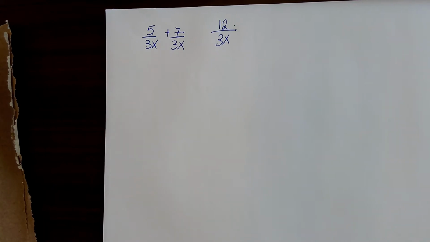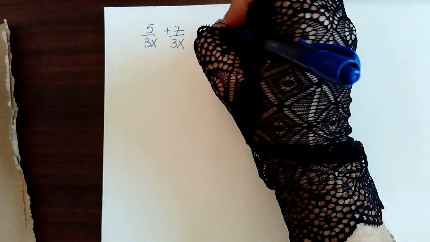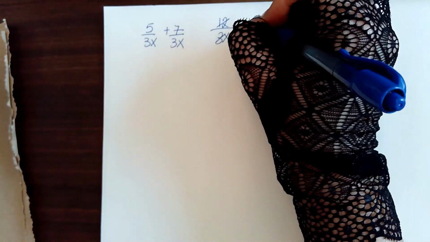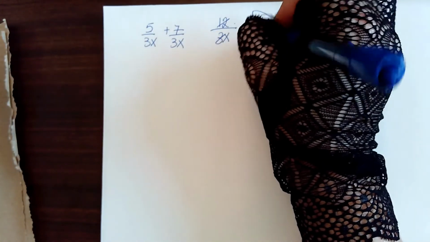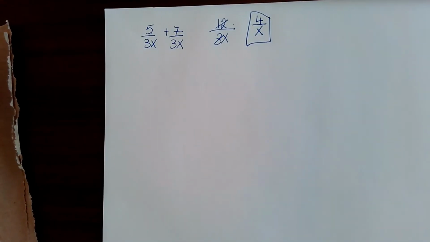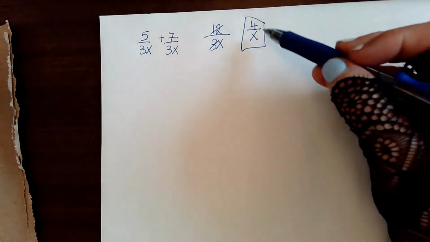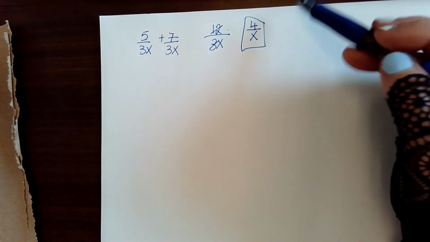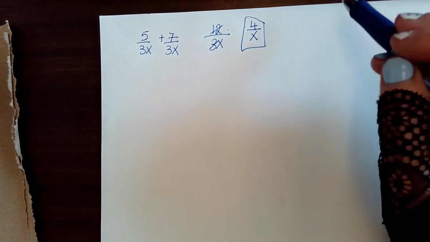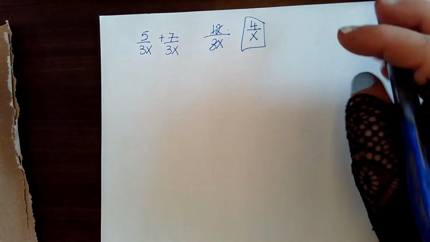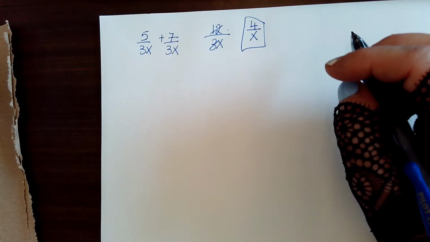So if you're going to simplify, 3 divided into 12 is 4, and it's going to simplify down to 4 over x. And so circle or box it in, however, mine looks a bit wonky, but always go ahead and circle or box in your final answer so I can see.